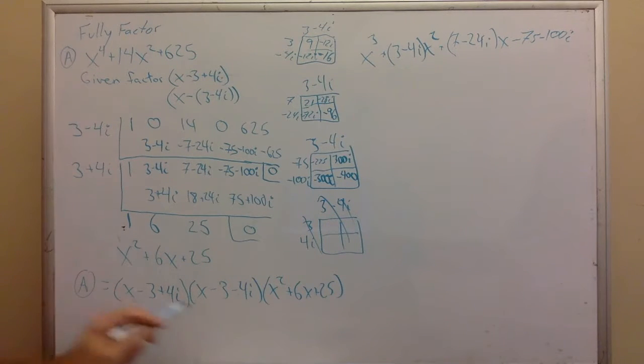Now I haven't quite fully factored because I should be able to get 2 factors out of that, but I can use something like the quadratic formula or something to finish that.